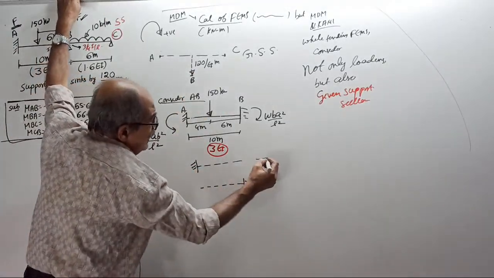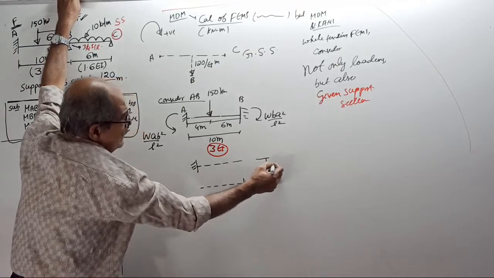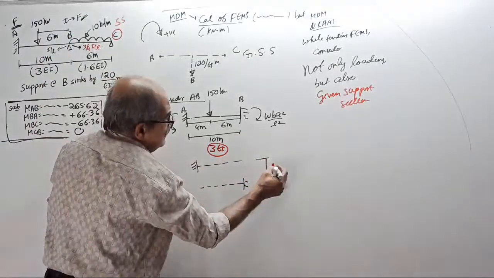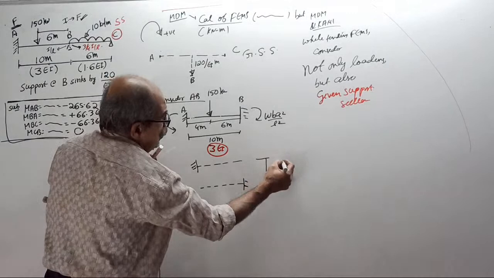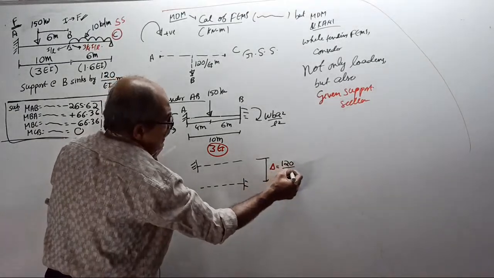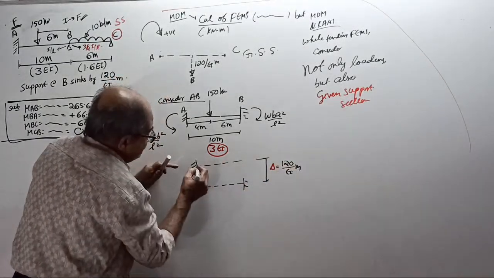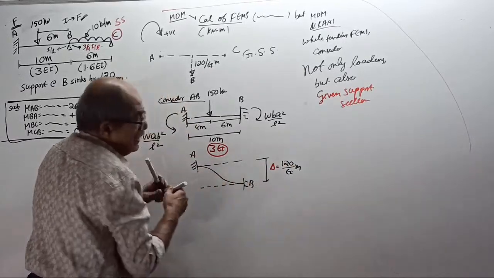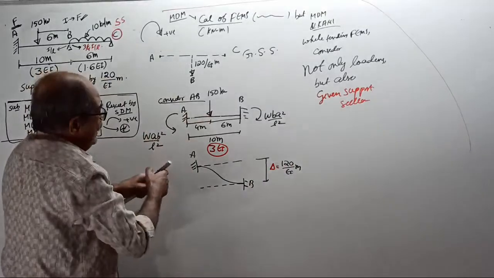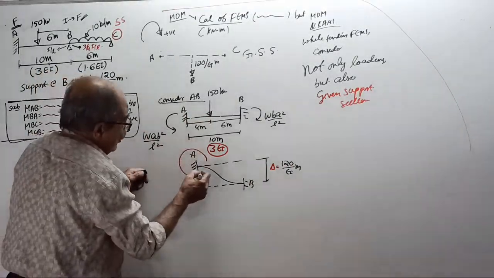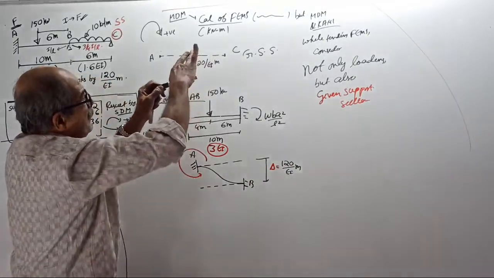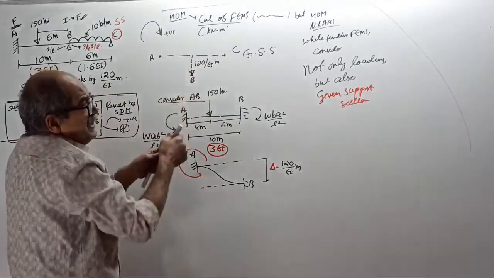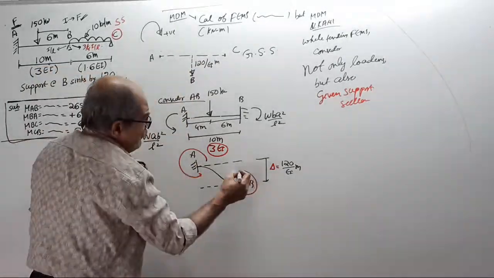Relatively, the displacement delta equals 120 by EI meter. The elastic curve will come this way. This is A, this is B. Since the elastic curve comes this way, both FEMs are anti-clockwise. I told you the example of driving a car.